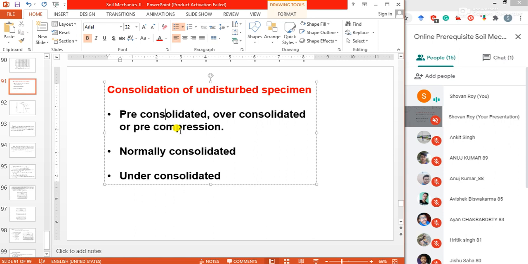The temporary overburden pressure to which a soil has been subjected and under which it got consolidated is known as pre-consolidation pressure.